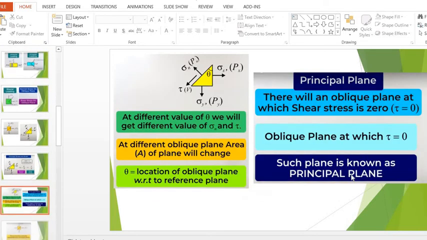After that, one thing is there: at different values of theta we will get different values of sigma n and tau, that is shear stress.